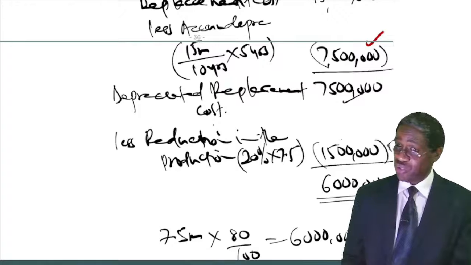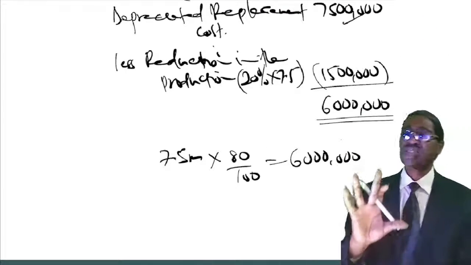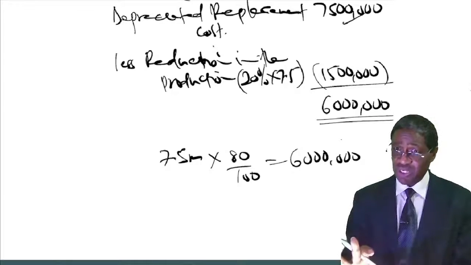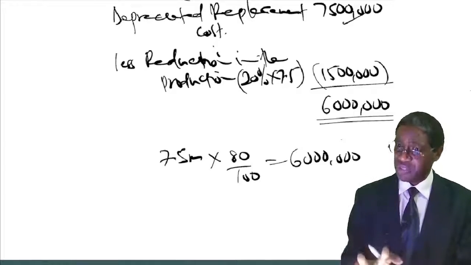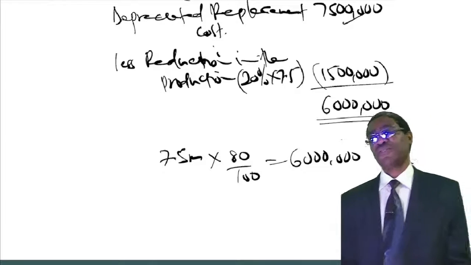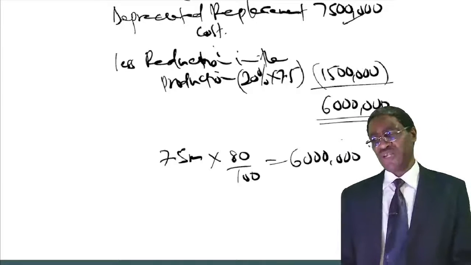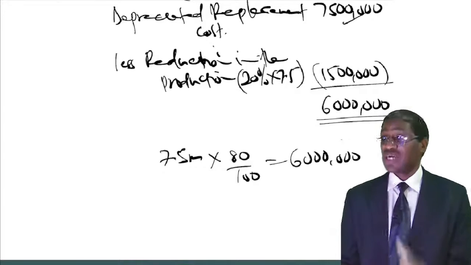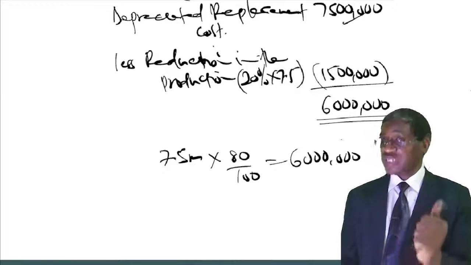In other words, take the proportion of the remaining service potential on the depreciated replacement cost. Good. Those are the three methods of computing the value in use for these public sector assets that cannot generate their own cash flows.